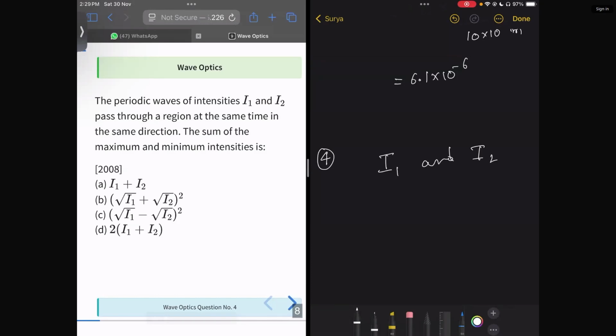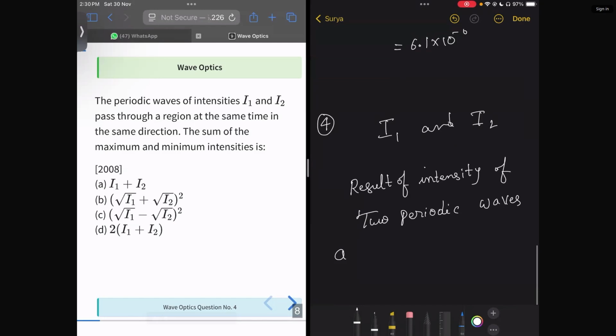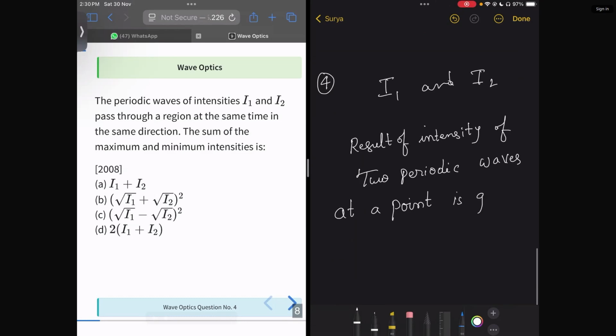The resultant intensity of two periodic waves at a point is given by I equal to I1 plus I2 plus 2 square root of I1 I2 cos phi.